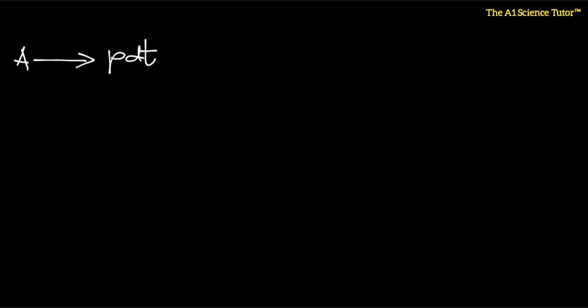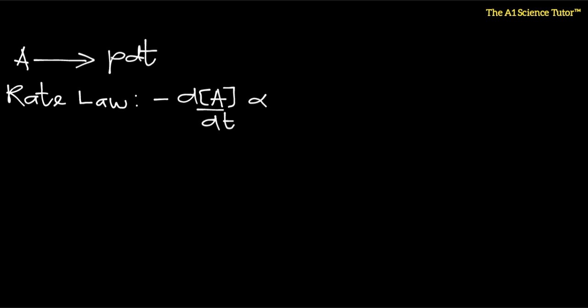If we wanted to write the rate law for this, it is basically going to be written this way. That will be negative dA dt, and that is going to be proportional to the concentration of the reactant A. That is how you write the rate law for a first order reaction.